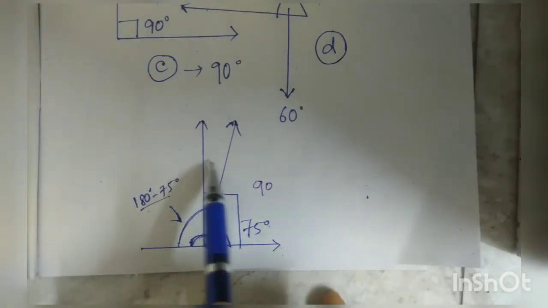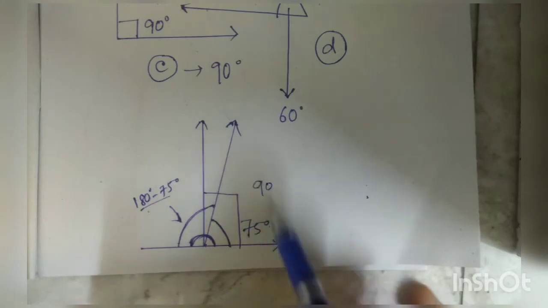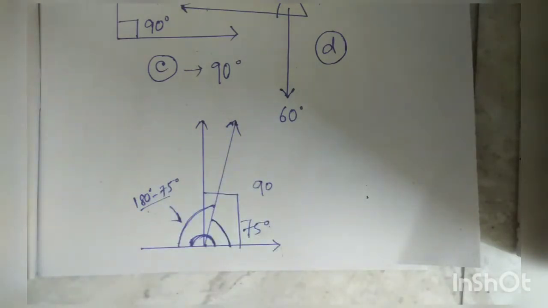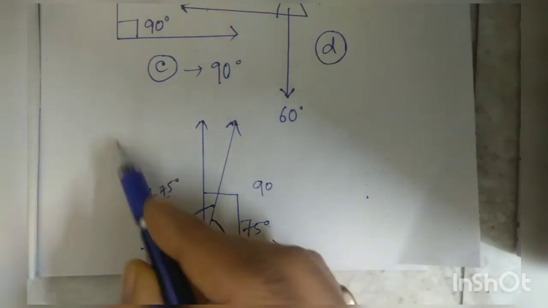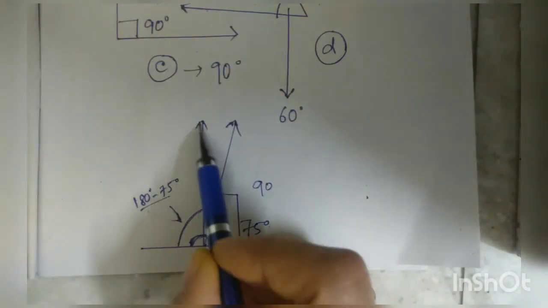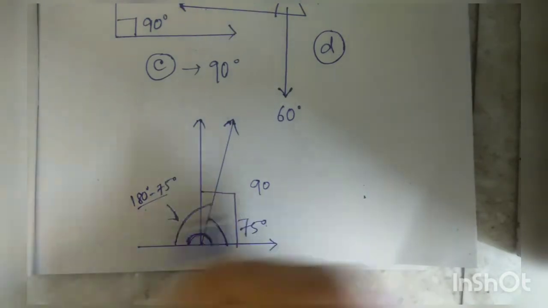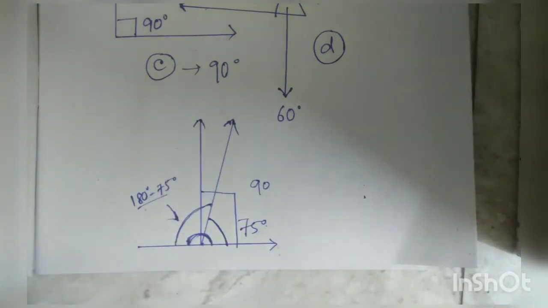The angles which are less than 90 degree, meaning all the angles forming in this portion, will be acute angles, and if the line is moving in this direction, then all the angles which form here will be obtuse angles, up to obviously 180 degree.